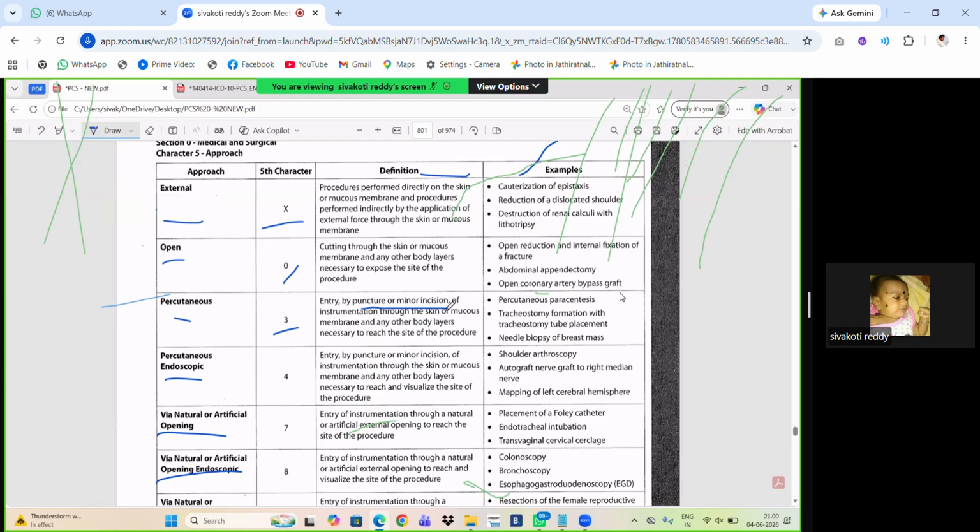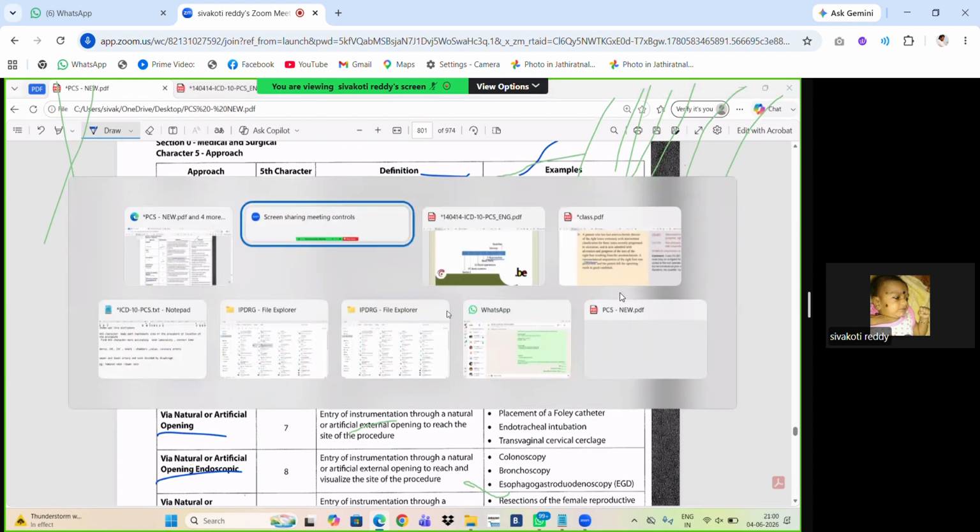Puncture or minor incision. So note down when we need to code the percutaneous approach.